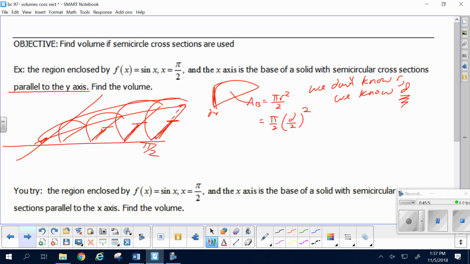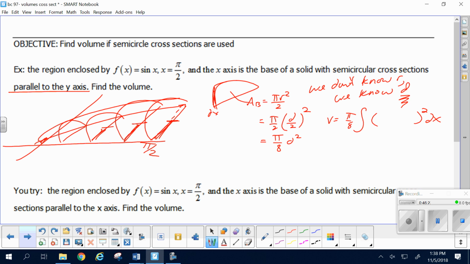Isn't the radius the same as half the diameter? Therefore, in its cleanest possible form, we can find this value by doing pi over 8 of the diameter squared. That is easy. Pi over 8 diameter squared dx.